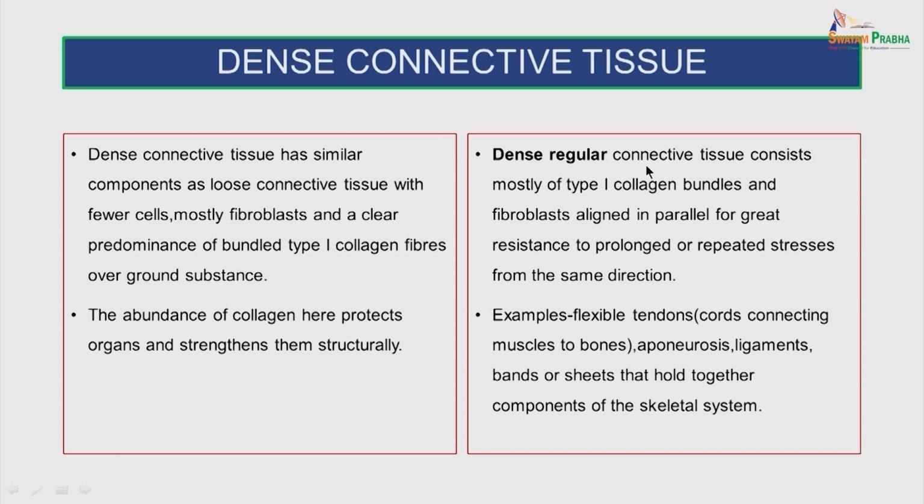The dense regular connective tissue consists mostly of type 1 collagen fibers and fibroblasts aligned in parallel for great resistance to prolonged or repeated stresses from the same direction. Examples are the flexible tendons, which are the cords connecting the muscles to bones, the aponeurosis, and ligaments, bands or sheaths that hold together components of the skeletal system.